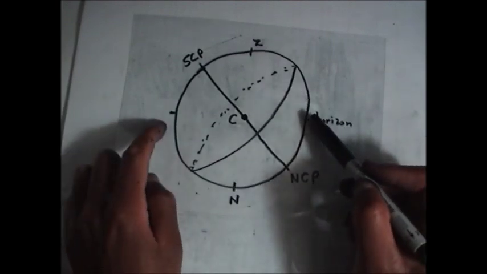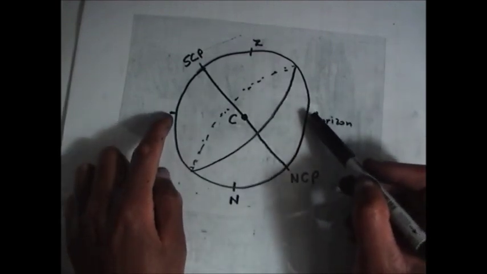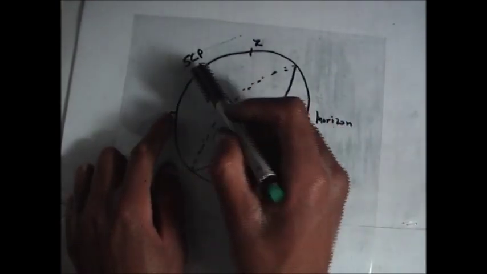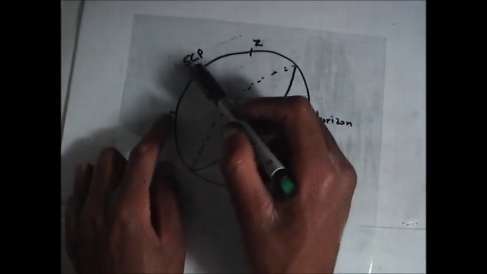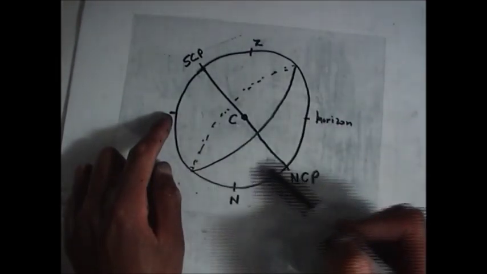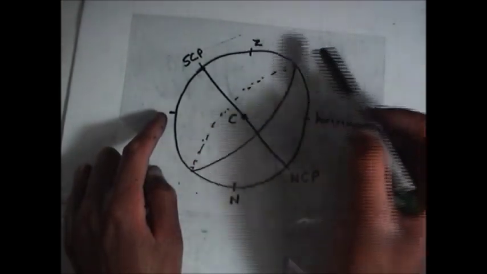Now, since this is the horizon, we said the origin is, and this is the celestial meridian, because that's the circle that connects the south celestial pole, zenith, north celestial pole, and the nadir. So the outside circle is the celestial meridian.